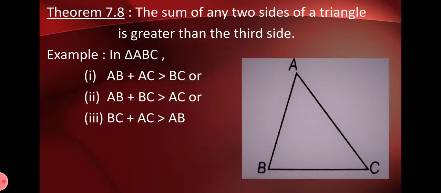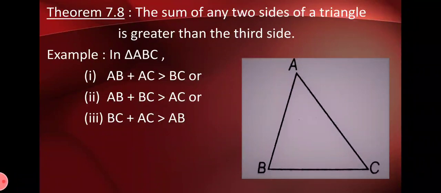You can also cross check these inequalities by doing an activity. For theorem 7.6 and 7.7, you draw one triangle, simply draw without any measurement. After that, with the help of a scale and protractor, for theorem 7.6, first measure which two sides, select any two sides, and from that which side is longer.